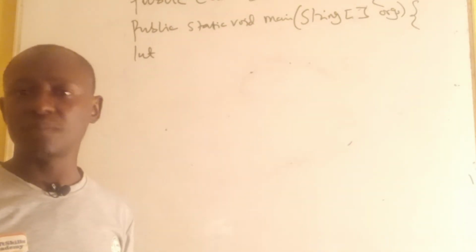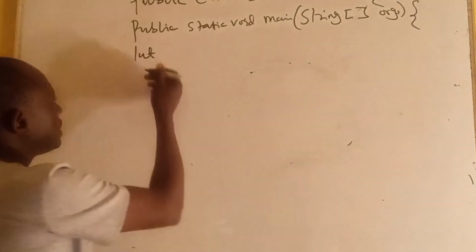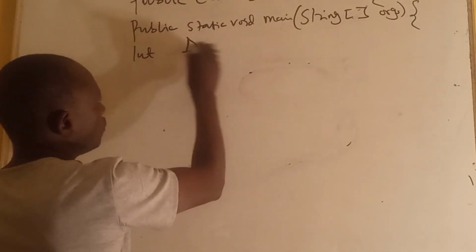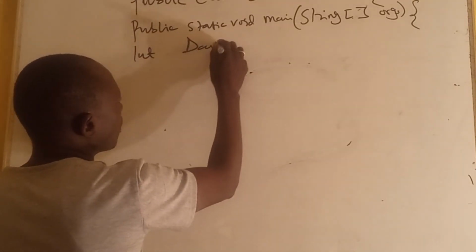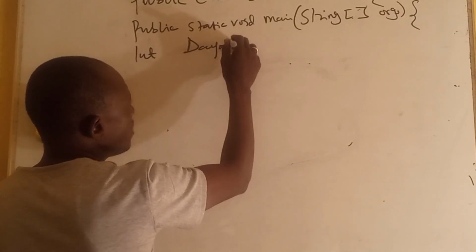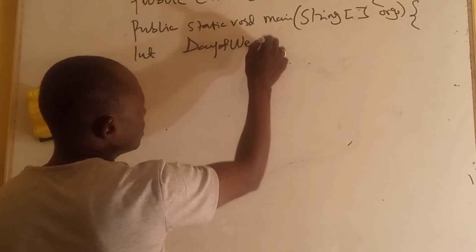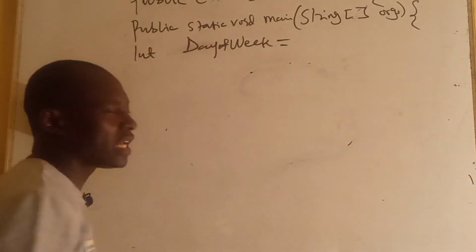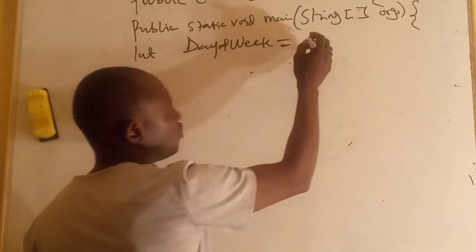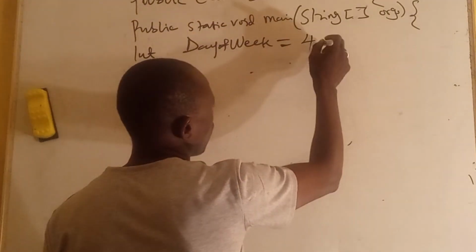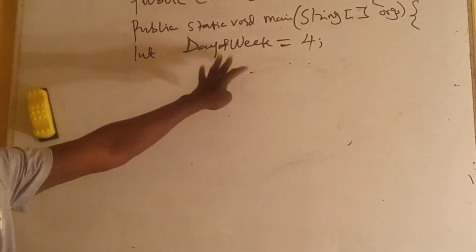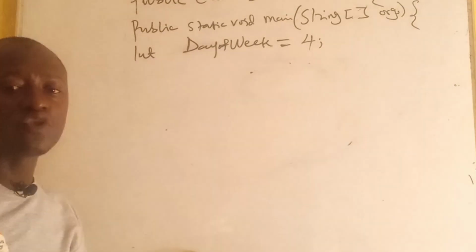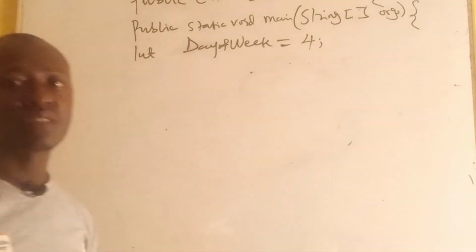There is nothing like a decimal number there, right? So int, we say day of the week, and you can initialize it. Let's assume we have 4. We end this. Definitely, it's going to take the number 4 and take it out.